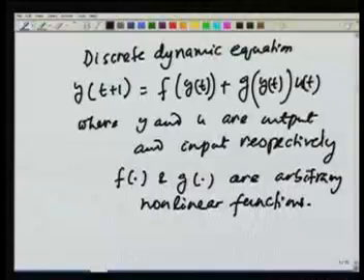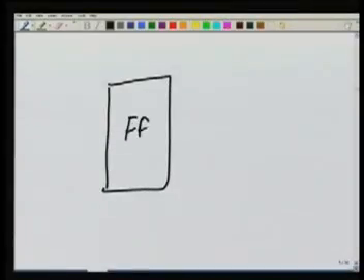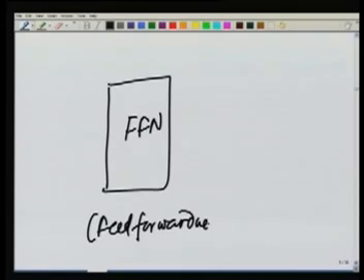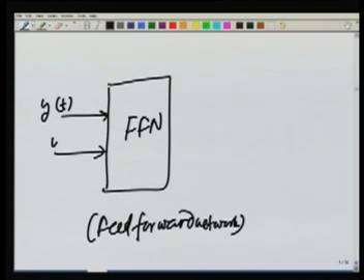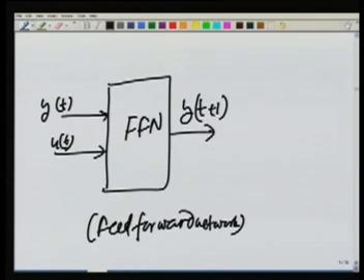If I want to use a feed-forward network, my input will be y(t) as well as u(t), and the output is y(t+1), which is the predicted output of the network.